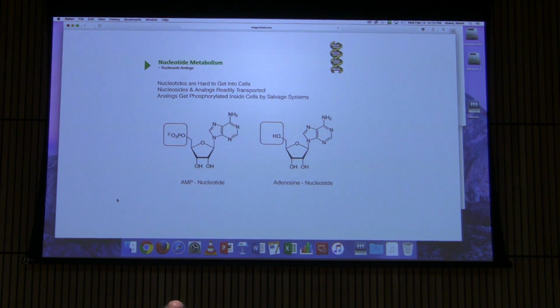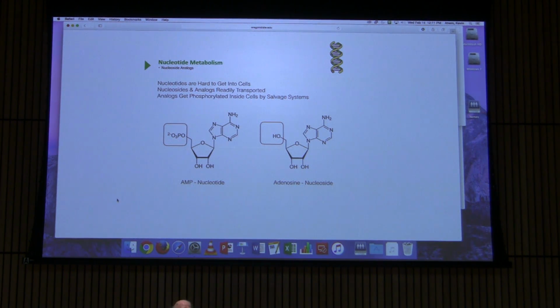Okay? So the use of these compounds in a cell relies on two things. One, getting across the membrane, and two, relying on the salvage pathway to phosphorylate it so that it can be used. Well, obviously, if you phosphorylate adenosine, you make ATP, so there's no drug, right?